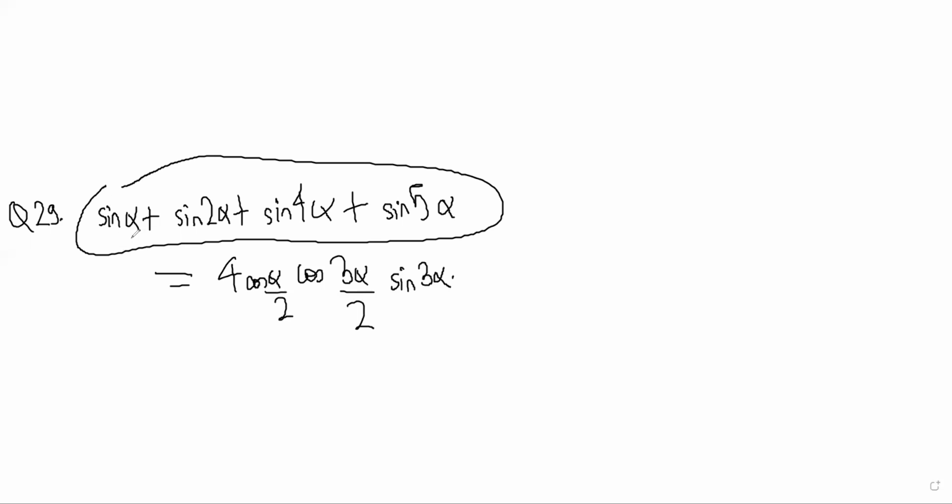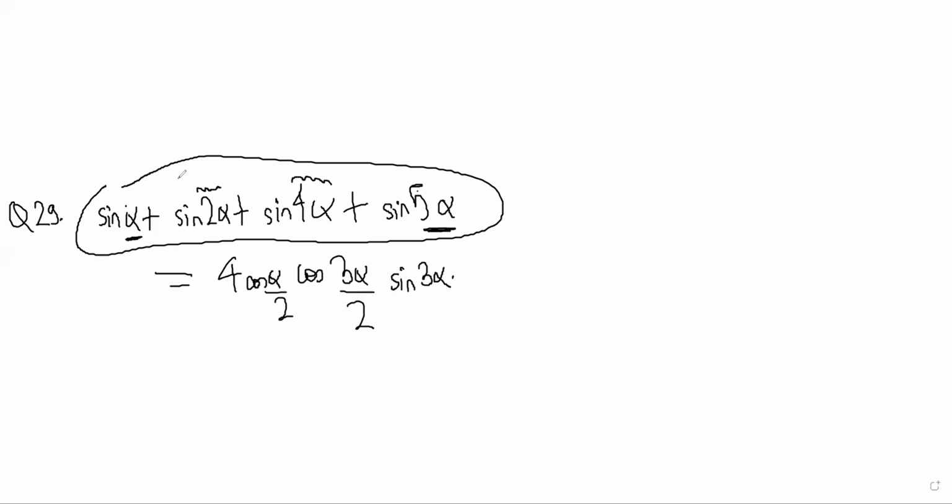Yes, sir. So see that it is alpha and it is 5 alpha. What is the sum of those? 6 alpha. No, sir. Alpha plus 5 alpha is 6 alpha, right? And here, yes, sir, 2 alpha plus 4 alpha is 6 alpha.